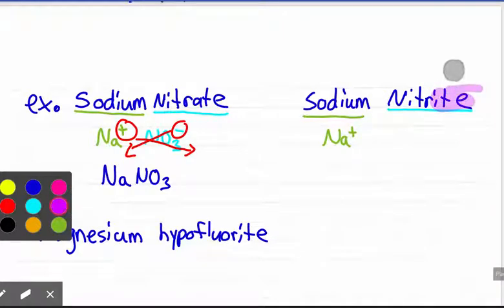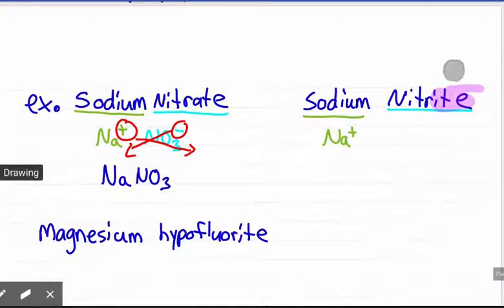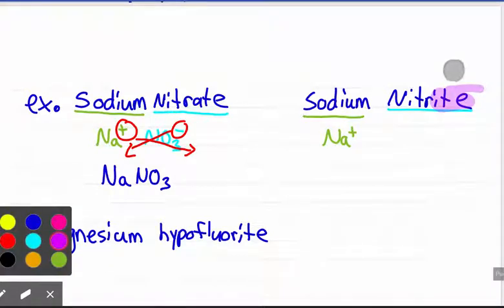So that means instead of NO3, it's actually NO2 because we have lost an oxygen. The charge is still 1 negative. So we still crisscross down.